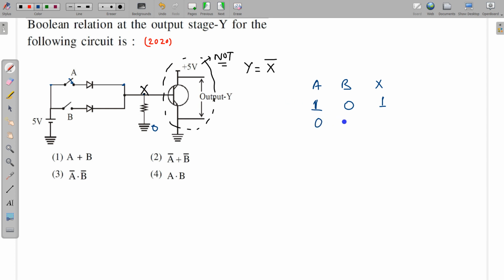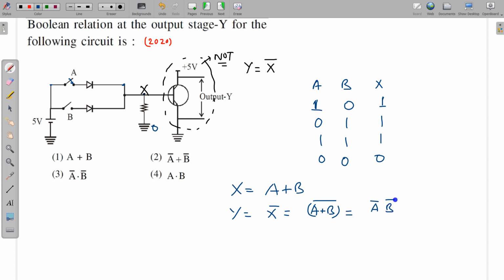So if either is 1, the output is 1, and only when both are 0 will this be 0. So obviously X is A or B, that is X is equal to A plus B, and we need this X bar here. So A plus B whole bar, and from De Morgan's we can simply write it as A bar B bar. So the correct option is option number 3.